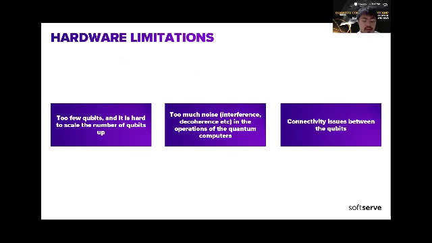This is quite an interesting problem, because we see that the number of qubits increases greatly every year. But as time goes by, one of the issues is that increasing the number of qubits from like 10 to 100 is still possible. From 100 to 1,000, it's going to become a lot harder.